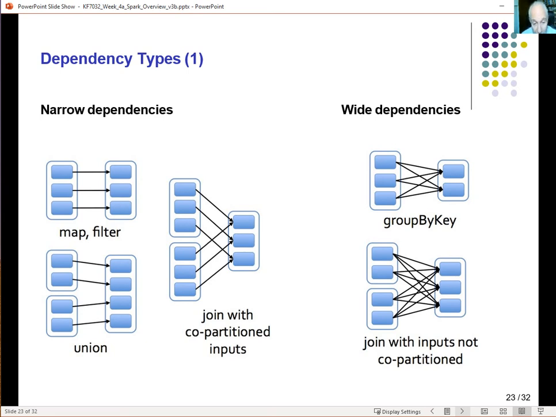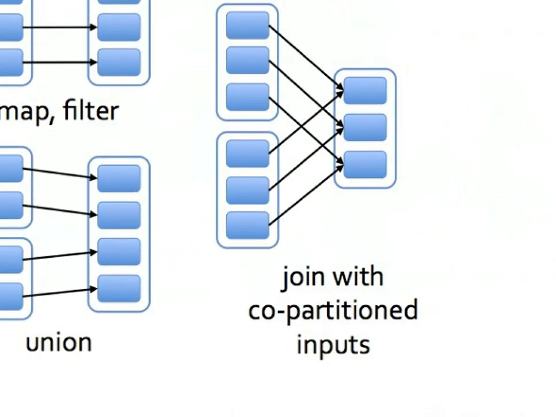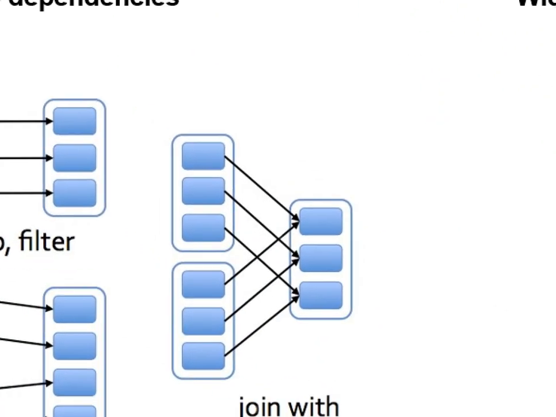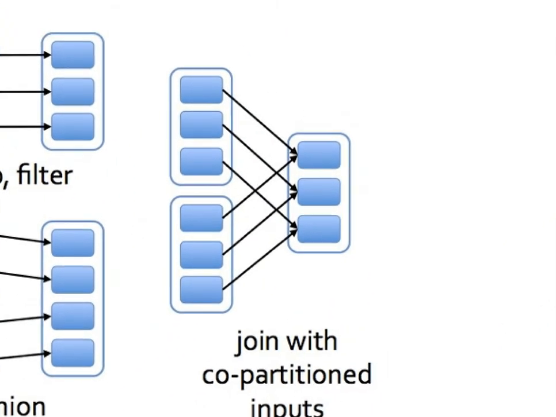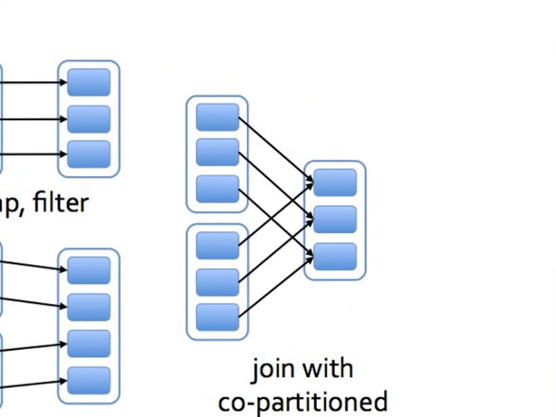The kind of dependencies that we've got, you can see from this graph, some dependencies, such as filter, are 1-1, and they are going to be quite quick. Where we have got, for instance, something like the join, we are going to be transferring multiple blocks around to join two data sets together.